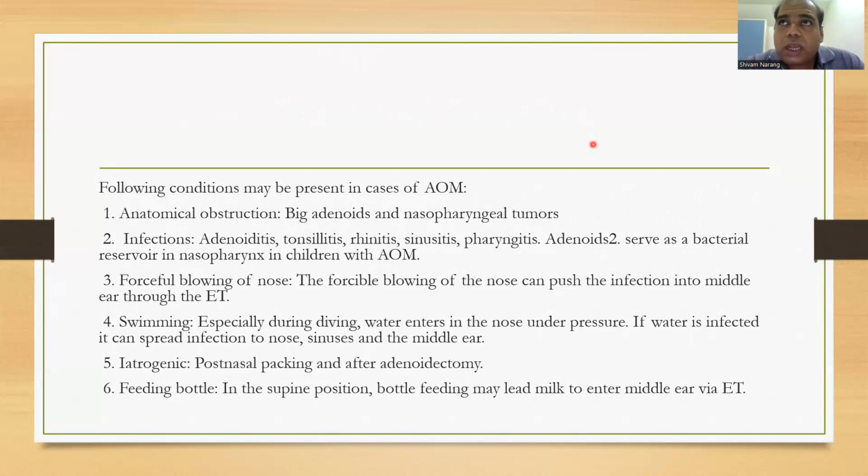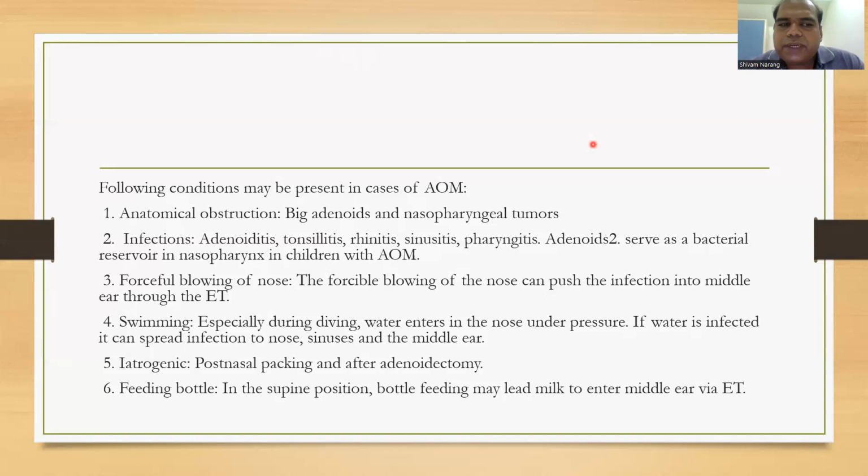So these are all sources of infection or reservoirs of bacteria in the nasopharynx which ascend to the middle ear cleft. Forceful blowing of the nose can push the infection through the eustachian tube to the middle ear cleft.